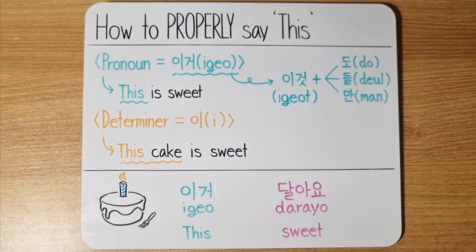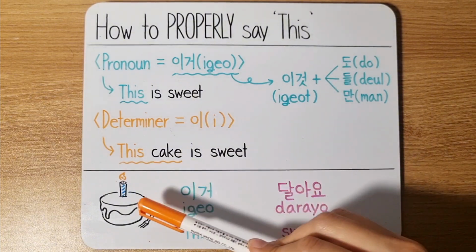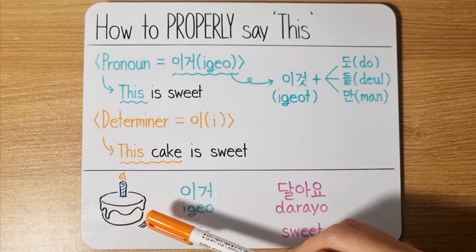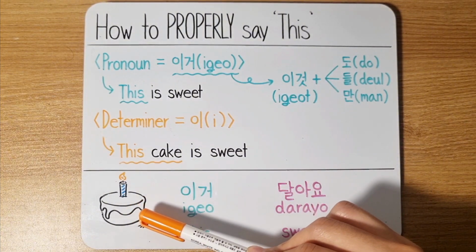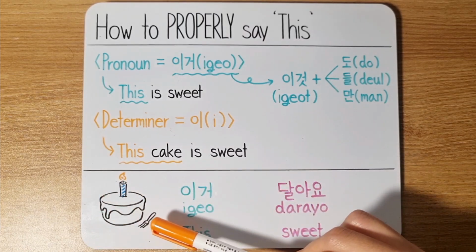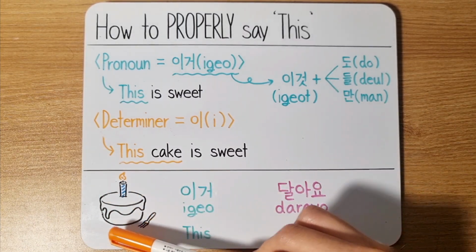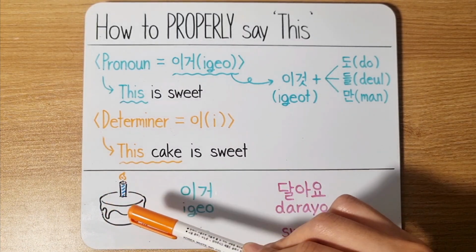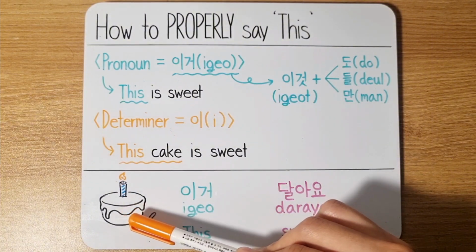Now, for example, if it is obvious, according to the context and situation, that I am talking about this cake, then I can just refer to it as this and say, this is sweet.